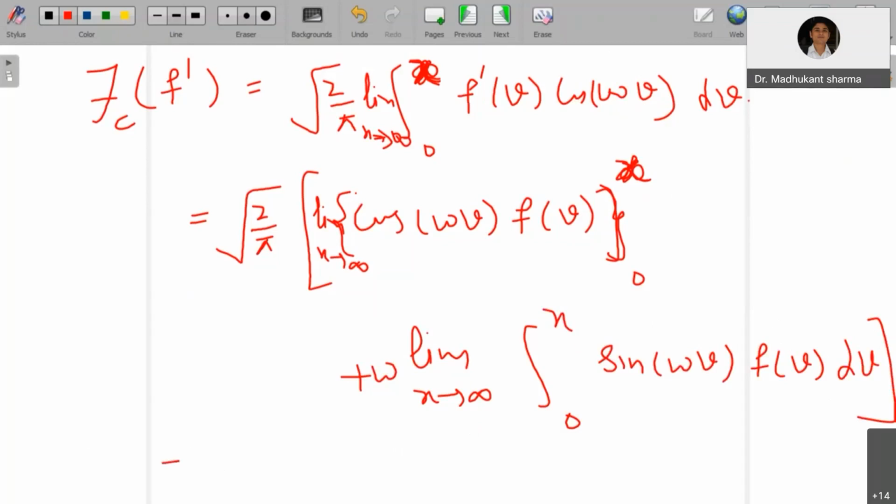Now, when you put v equals to 0, f of 0 times cos 0 is 1. That's fine. But when you substitute v equals to x, that will become constant if you put it equal to 0, completely independent of x, so you can apply the limit directly. If you put the upper limit, that is going to be cos wx times f of x. So let me write it further.